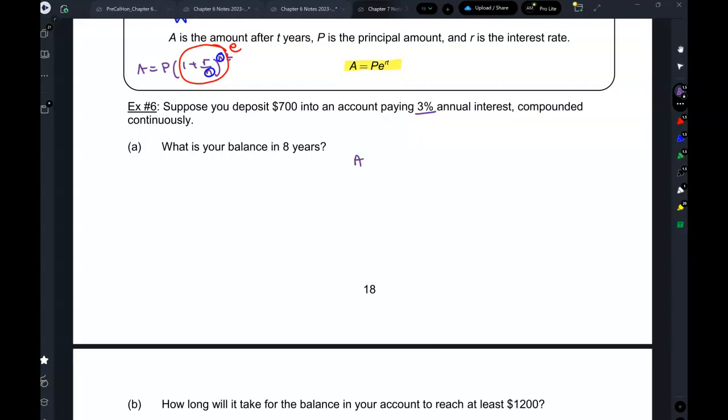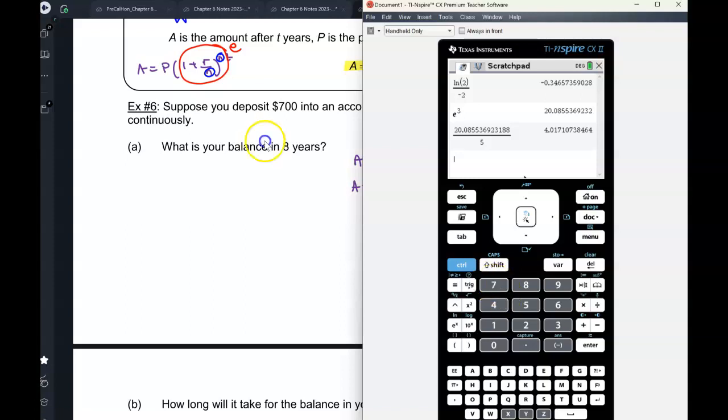So now we have to use P e to the rt. And now you're like, oh my God, I'm going to make an infinite number of dollars here. Let's see. What is your balance in 8 years? So A is 700 e to the 0.03 times 8. And when you plug this in, I want you to plug it in one shot. So 700 times e to the power of 0.03 times 8.